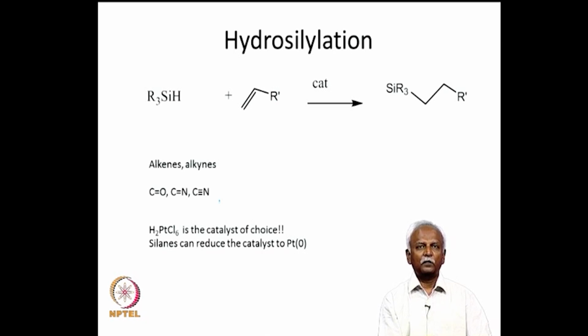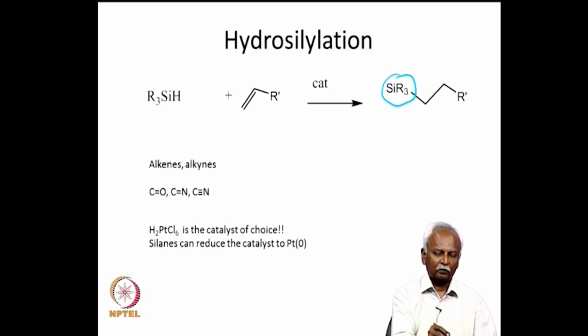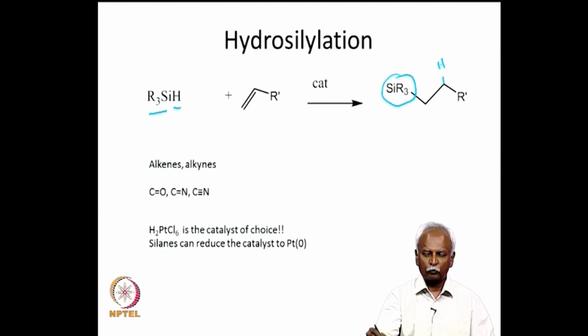If you take hydrosilylation, it is also useful, because you can convert the silicon that is attached to the carbon to other groups in a subsequent step. So, alkenes and alkynes add on R3SiH, and the interesting aspect of this addition of hydrogen and the R3Si group is that the hydrogen adds on to the sterically more encumbered carbon.